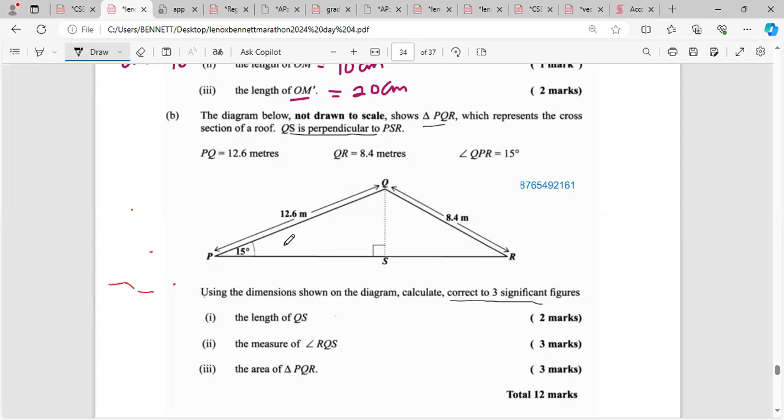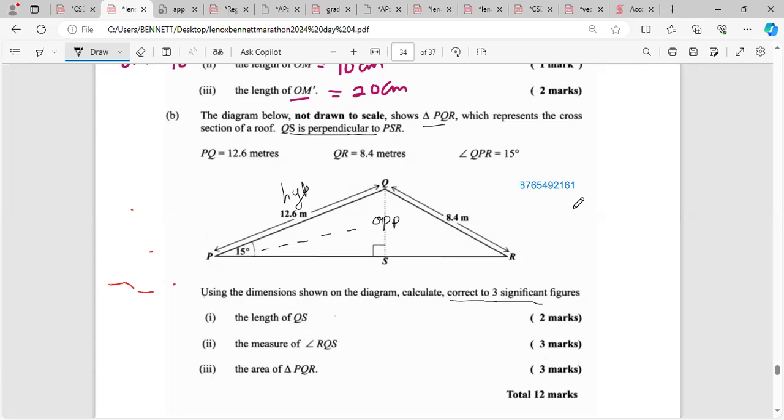So we can use the trig ratio. Looking from this angle, the side that we're looking for would be the opposite side, and we are given the hypotenuse. Recently when we did the trig question, I was saying there are things you can use to know which trig ratio to use.